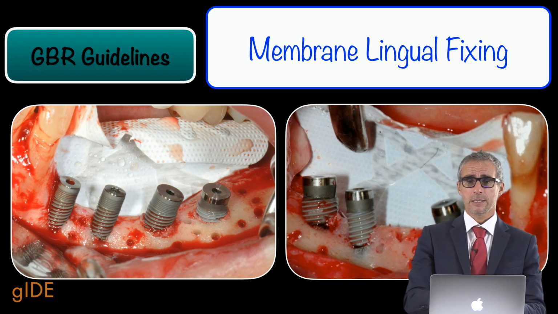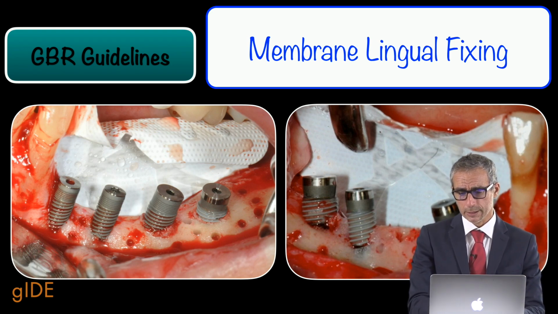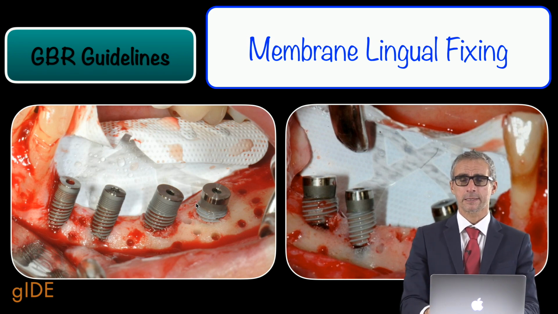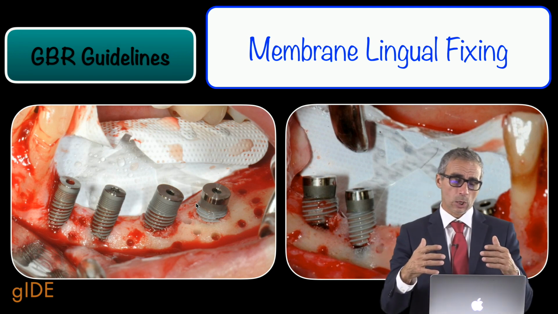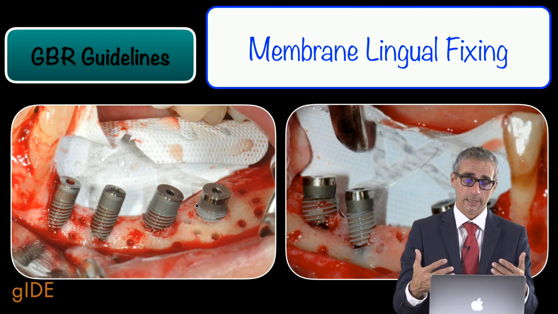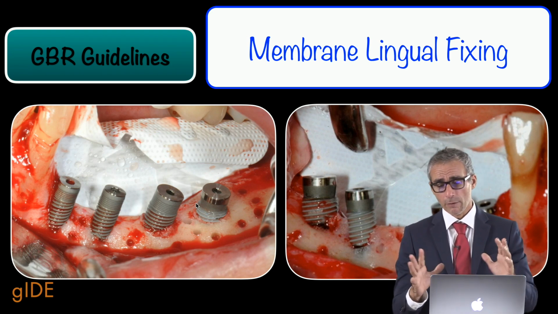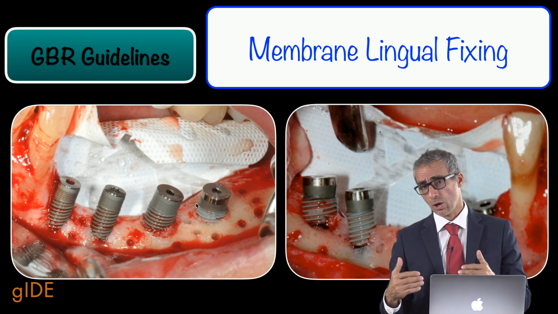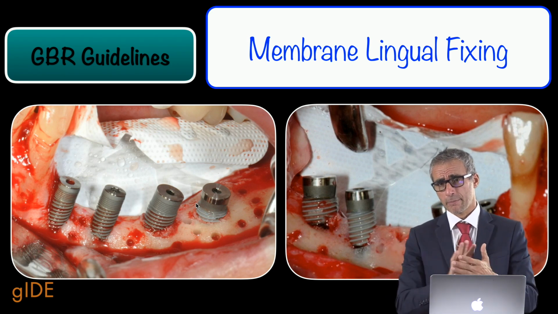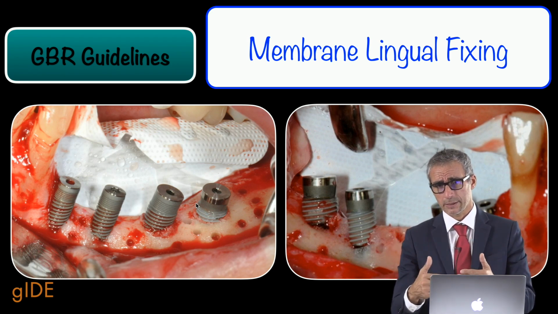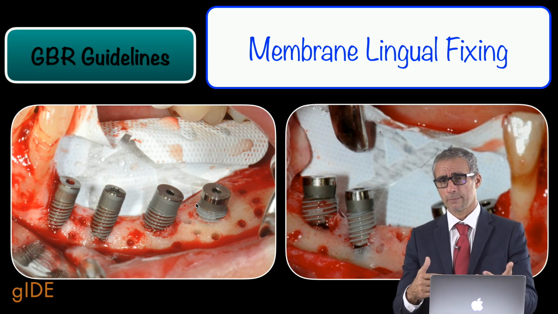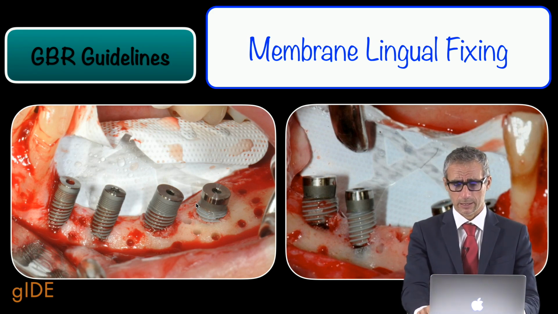Because in this phase, when we place the material in this area against the residual bone and around the implants, the contamination of the material is a critical situation. But if we fix the membrane on the lingual side, the membrane can isolate the material from the contamination, the contact with the saliva and the tongue.